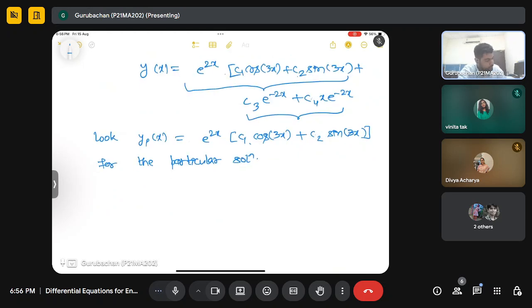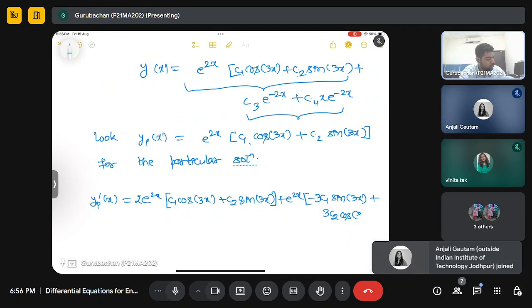So yp dash x will be e to the power 2x (2 C1 cos 3x plus 2 C2 sin 3x) plus e to the power 2x (minus 3 C1 sin 3x plus 3 C2 cos 3x).